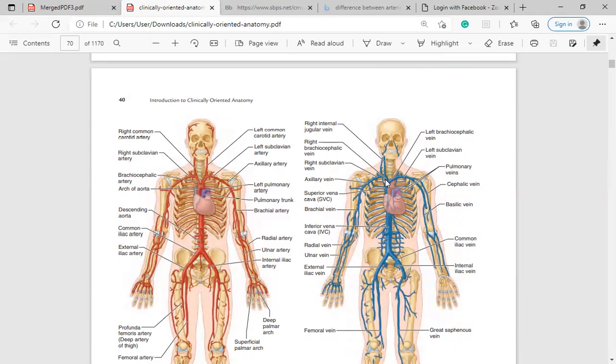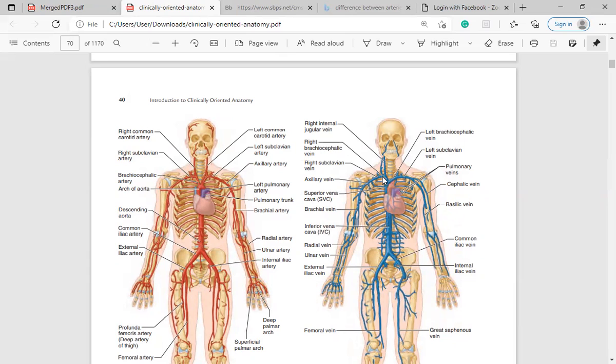Then, just the way you had the brachiocephalic artery on the arterial side, the same way you have also the brachiocephalic vein. So this is the brachiocephalic vein. And then a branch of that brachiocephalic vein, you have the right subclavian vein.